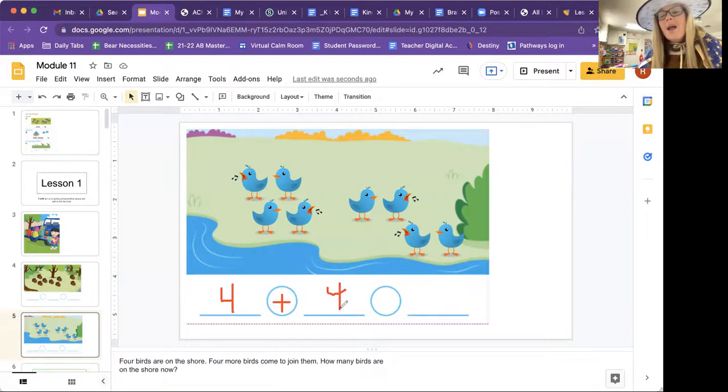Now, I am not going to tell you the answer. Oh, what sign goes there? Equal sign. You write the answer. Tell me how many all together. I'm not going to write it. You have to write it. So if you're waiting for me to give you the answer, you're going to wait a long time.